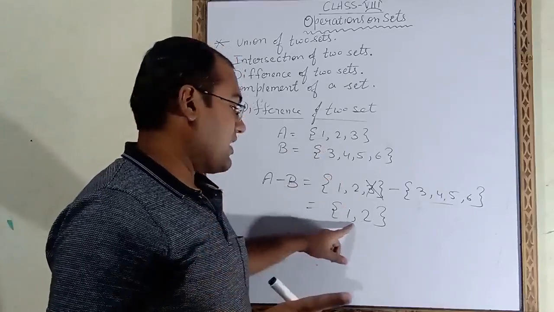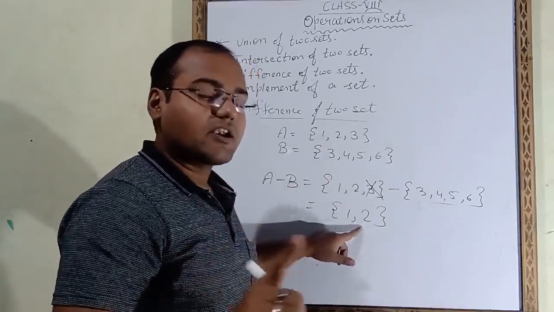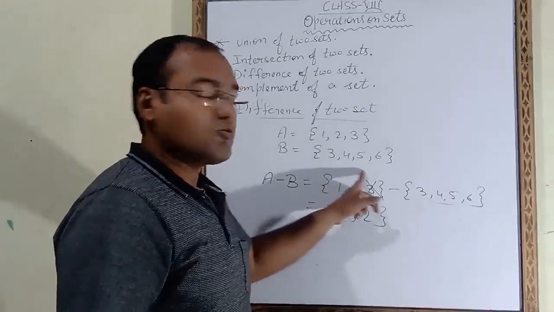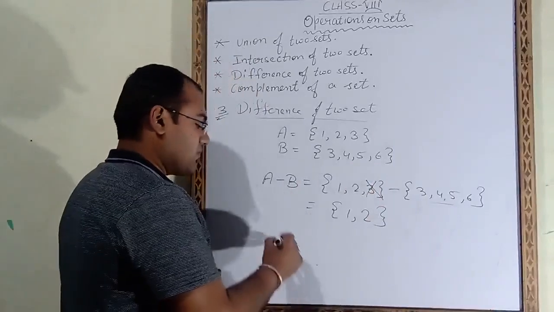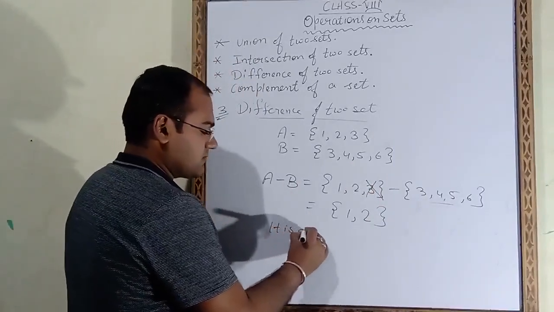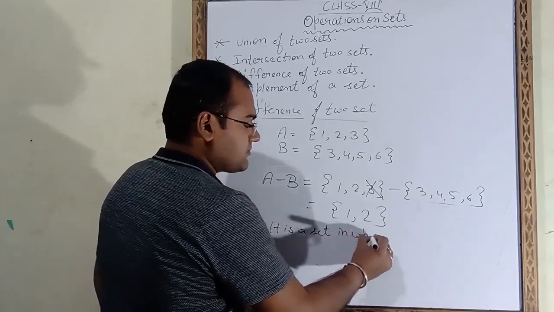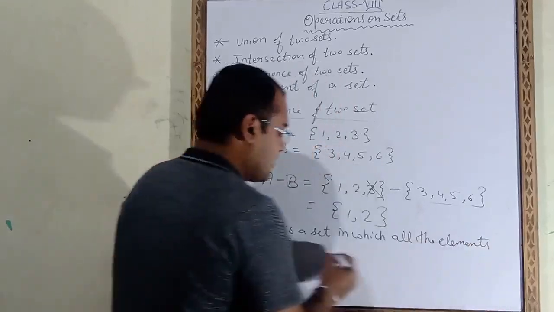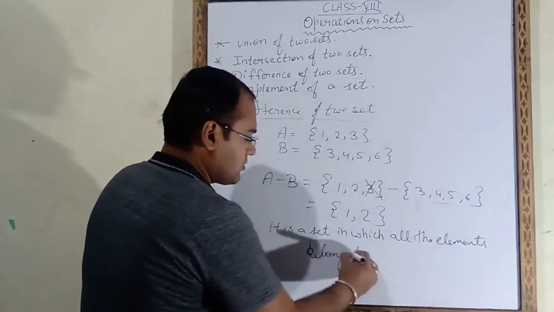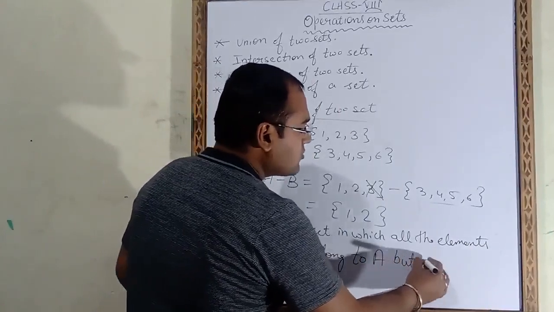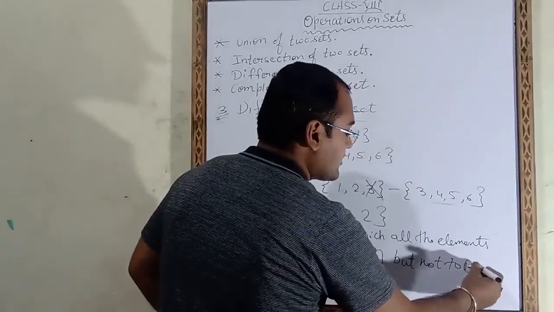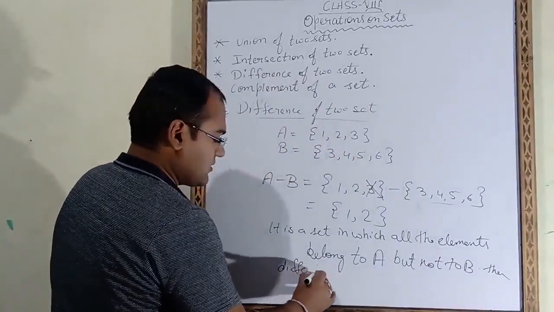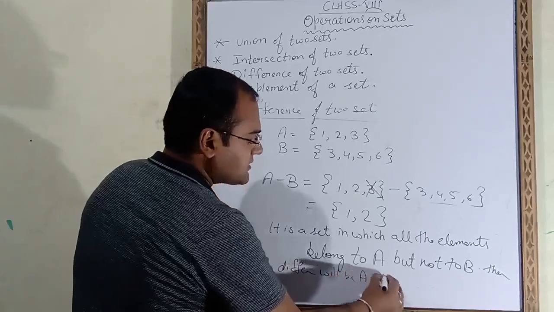I said elements belong to A but do not belong to B. You can check here: 1 and 2 belong to A but 1 and 2 do not belong to B. So the definition of difference is: a set in which all the elements belong to A but not to B. Then the difference will be A minus B.